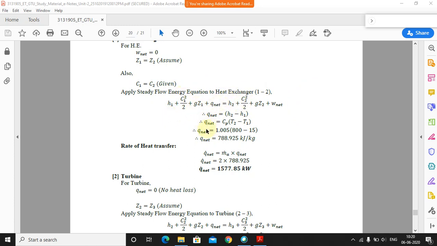Otherwise the equation is the same, that is q net is equal to h2 minus h1, that is cp into t2 minus t1. Now we need to find the rate of heat transfer, I mean the heat transfer in terms of mass flow rate. So q dot net is equal to m into q net.